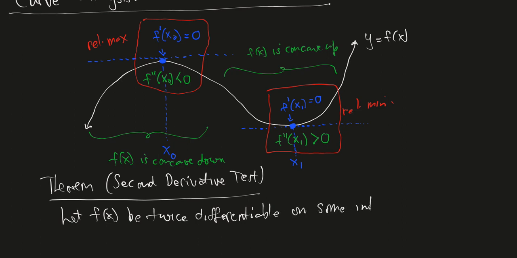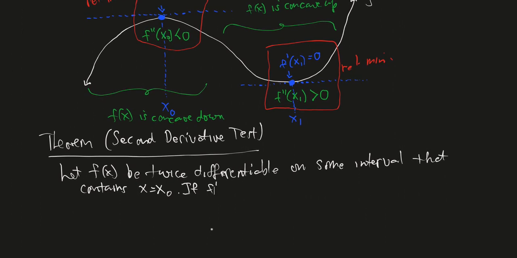Twice differentiable on some interval that contains, and I'll just use x0 as my x, so on some interval that contains x equals x0, if our first derivative evaluated at that specific value of x is equal to 0.